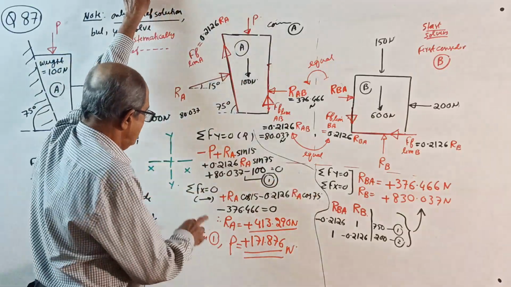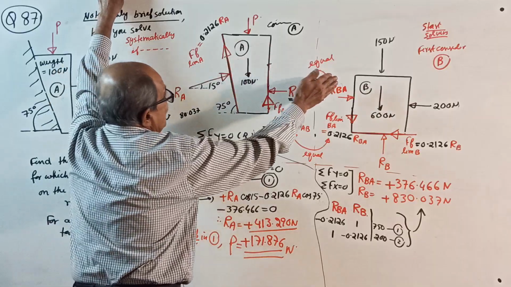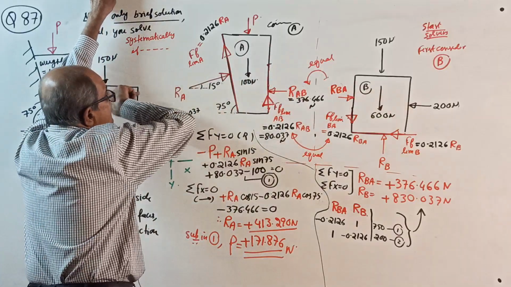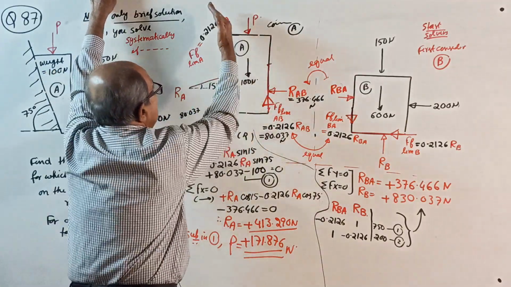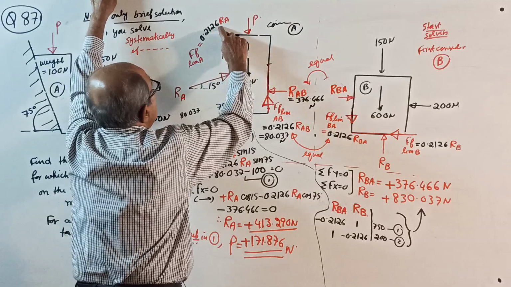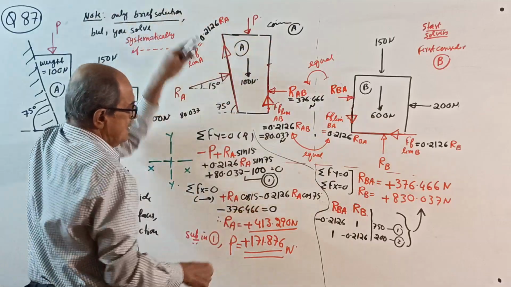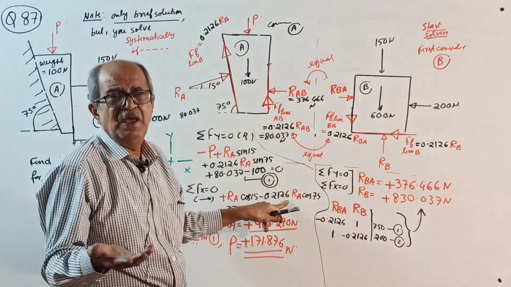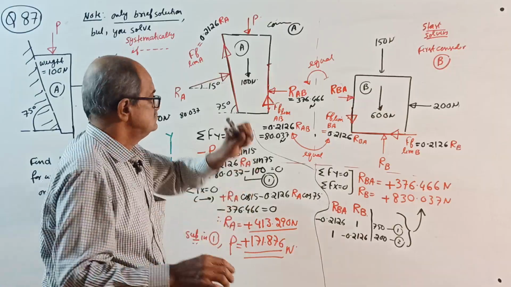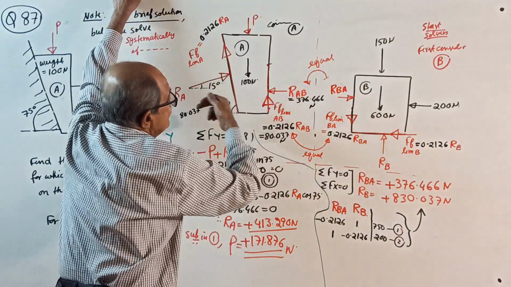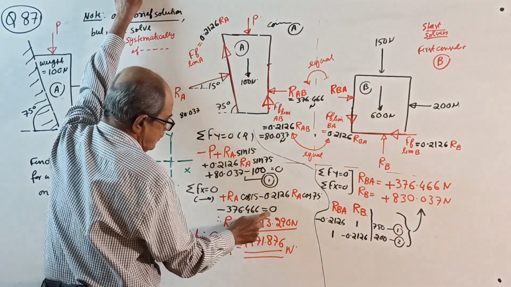Already 1 is there. Sigma Fx equal to 0: plus RA cos 15 minus 0.2126 RA cos 75. This is explained hundreds of times earlier. I wrote cos, sin, cos, sin. This equation you write. Then minus 376.466 equal to 0.